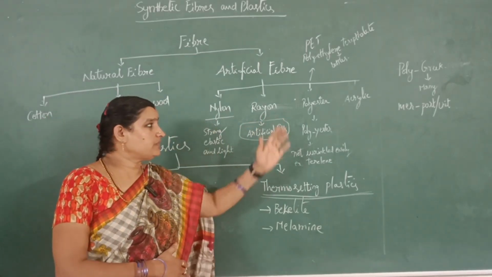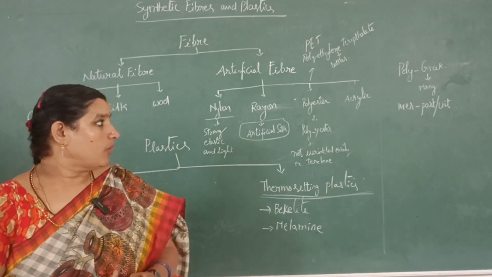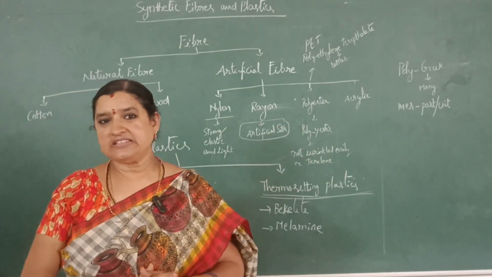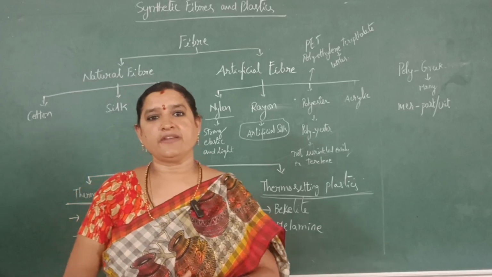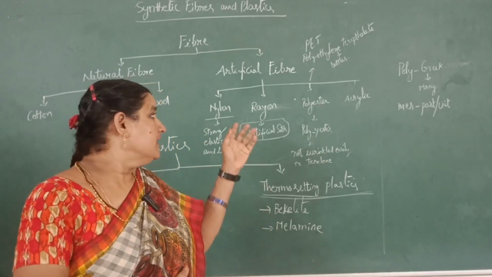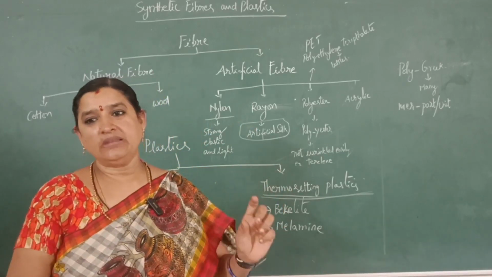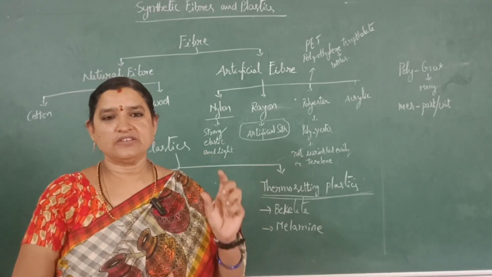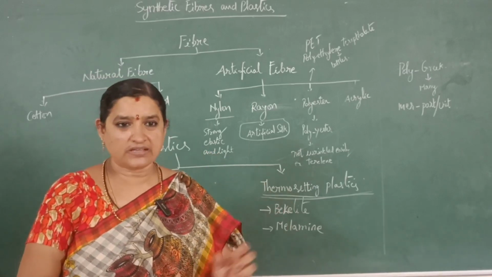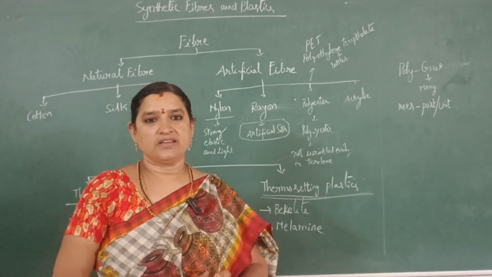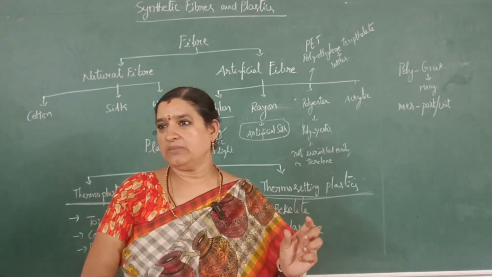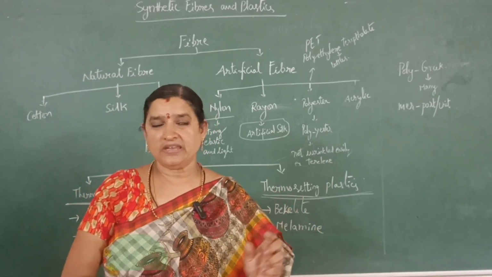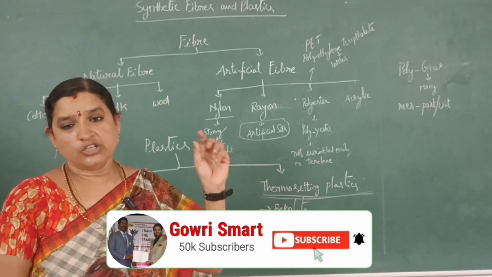The next one is polyester. Polyester: ester is a functional group of a chemical substance. Poly means many. Polymer is a word that came from the Greek. Poly means many, mer means unit.